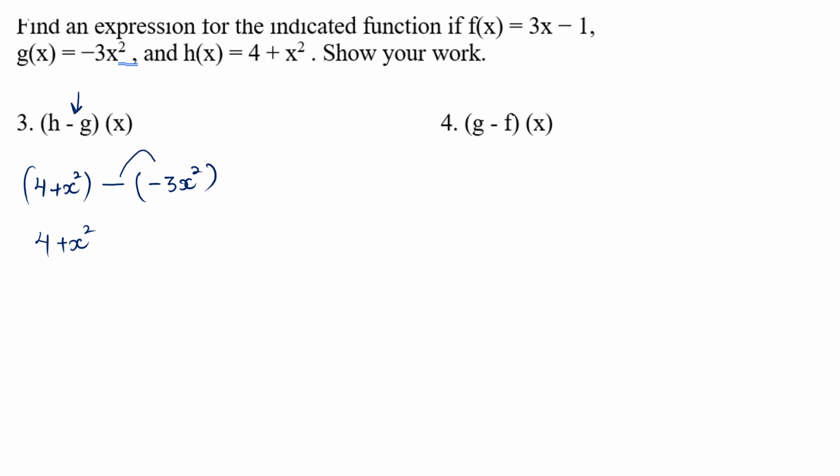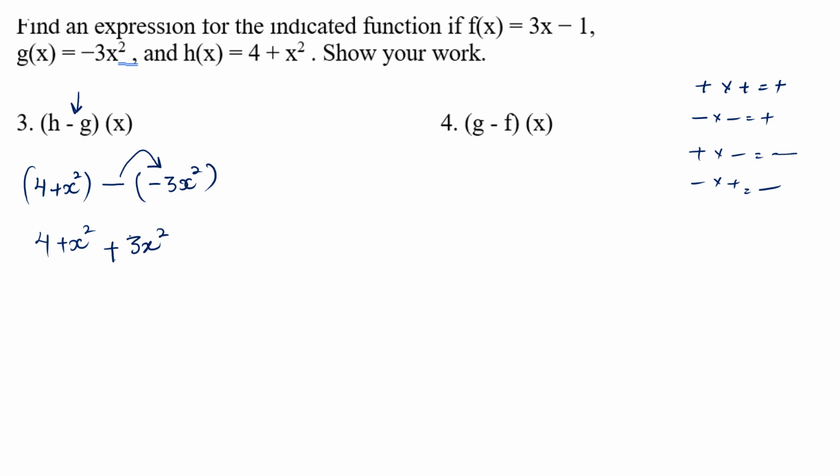Open the other bracket with the negative sign. So negative and negative gives you positive 3x square. If you forget this, please write down that plus times plus gives you plus, minus times minus gives you plus, plus times minus or minus times plus both give you a negative sign.